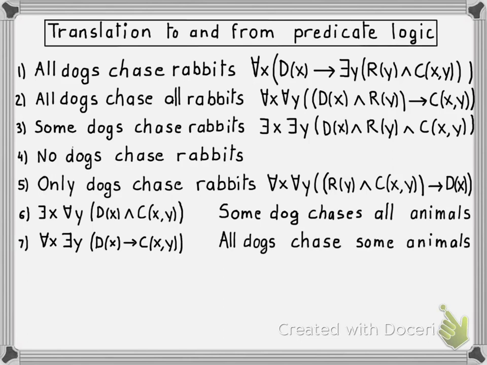Now notice the only difference between sentence 6 and 7 is, one, we switch the type of the quantifiers from existential then universal to universal then existential. And notice what happened in English is the words some and all just got swapped as well.